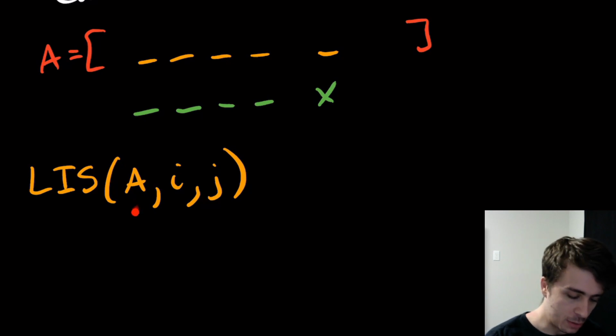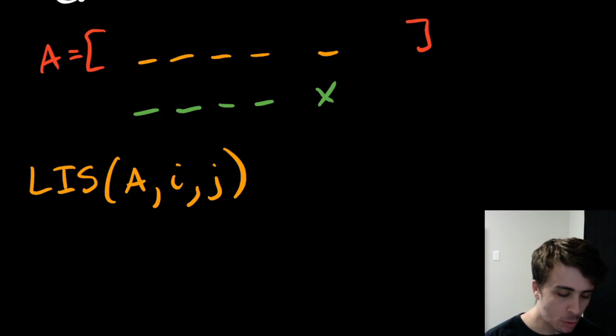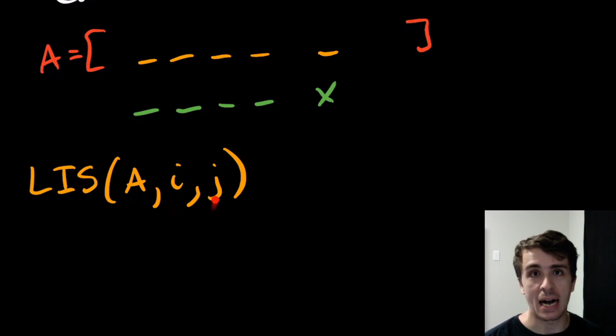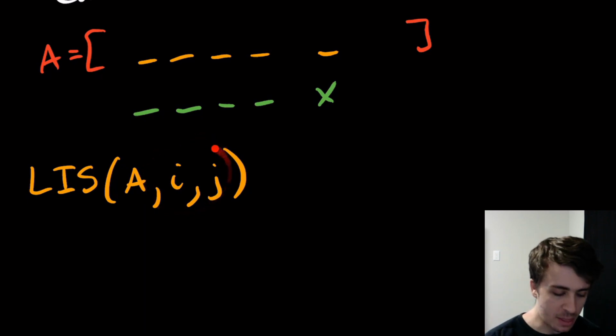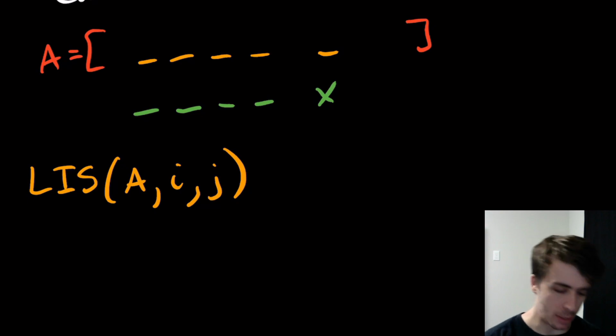Whenever you want to figure out something on an array, you define the exact same thing on a smaller subproblem, which is the longest increasing subsequence from index i to index j. The original problem is from the beginning to the end. This is just from some index i to some index j. Then we will relate these subproblems to each other and build from smaller ones to get a bigger one.